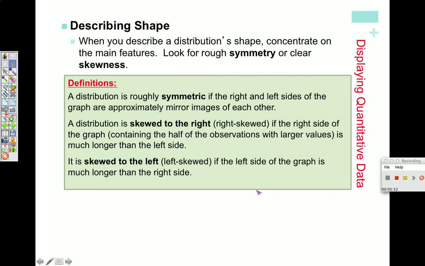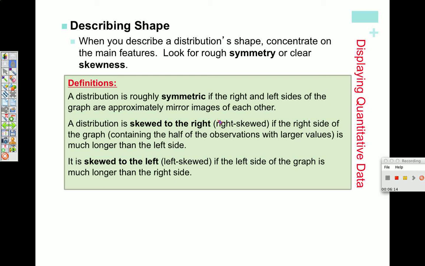When we discuss shape, we want to talk about whether or not the data is symmetric or skewed. Things are symmetric if the right side and the left side are roughly mirror images of each other. We almost never have perfectly symmetric data, especially if it's coming from real data collection.